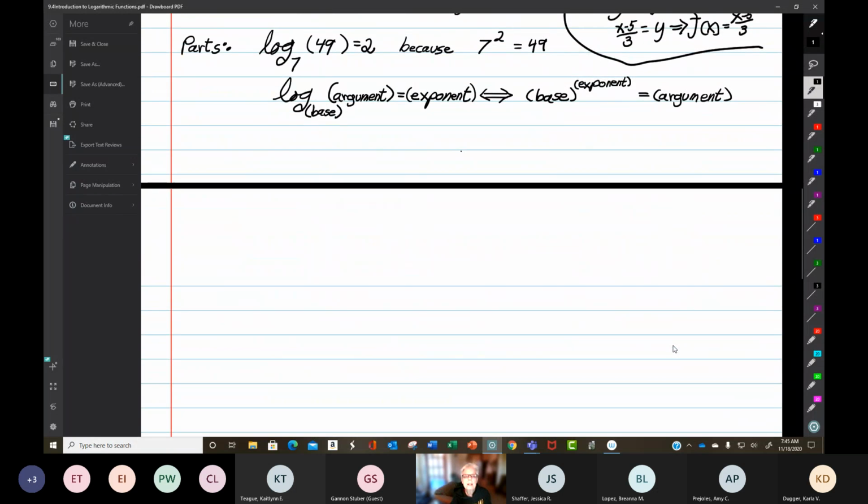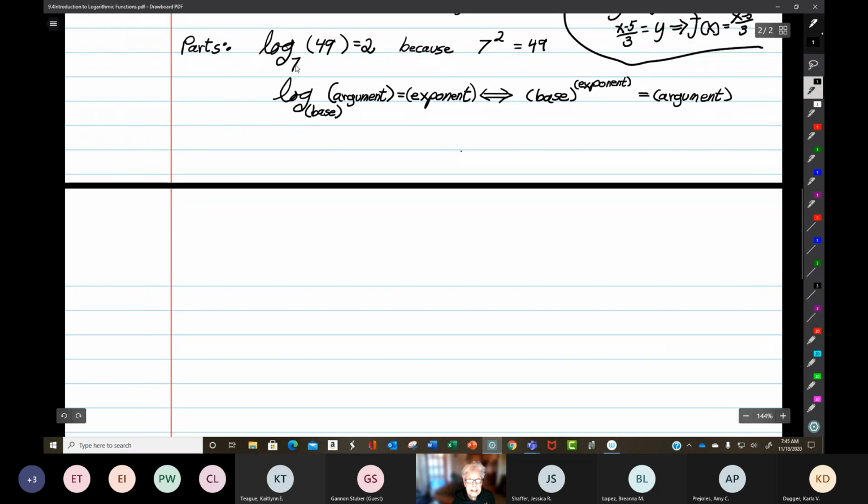Here we go. We're going to spend the day today doing what I'm about to do right now. Log base 7 of 49 equals 2. This is a logarithmic function. But why?